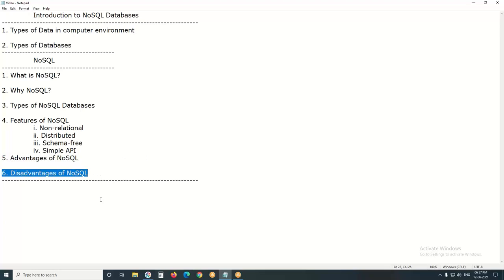Next, disadvantages or drawbacks of NoSQL. NoSQL databases are not mature. Next, no standardization rules. Next, limited query capabilities. Next, NoSQL doesn't work as well with relational data.